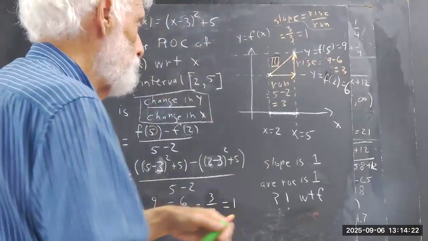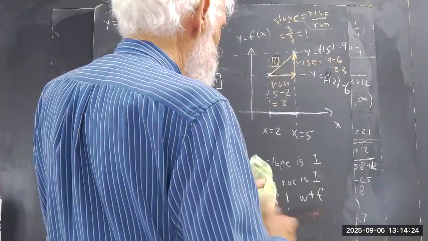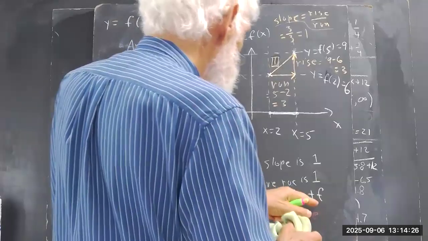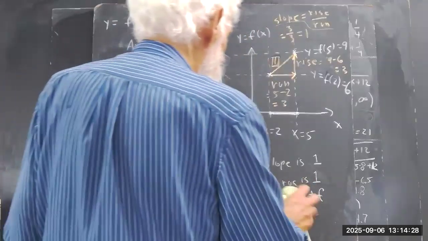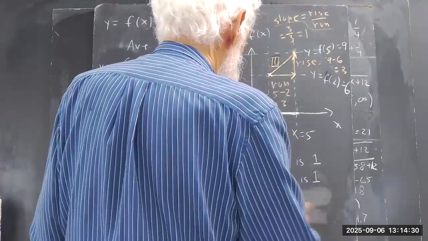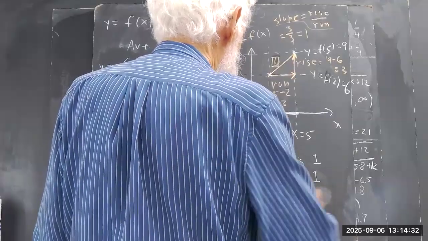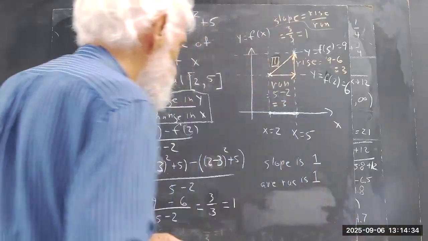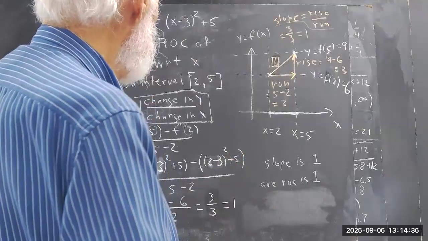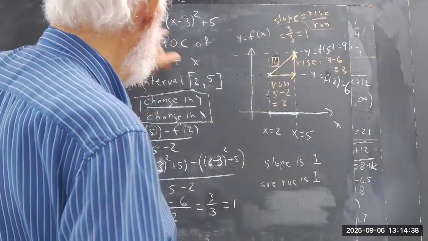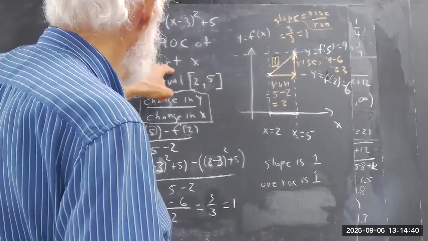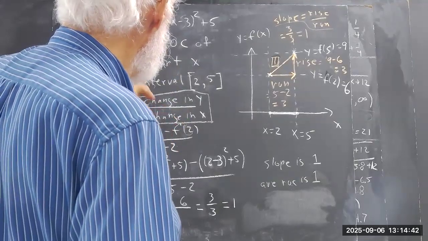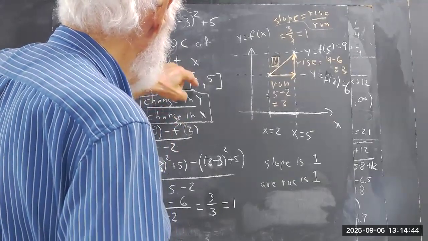Now, the slope is 1, average rate of change is 1. But there we have the average rate of change of this function with respect to x on the interval from 2 to 5.